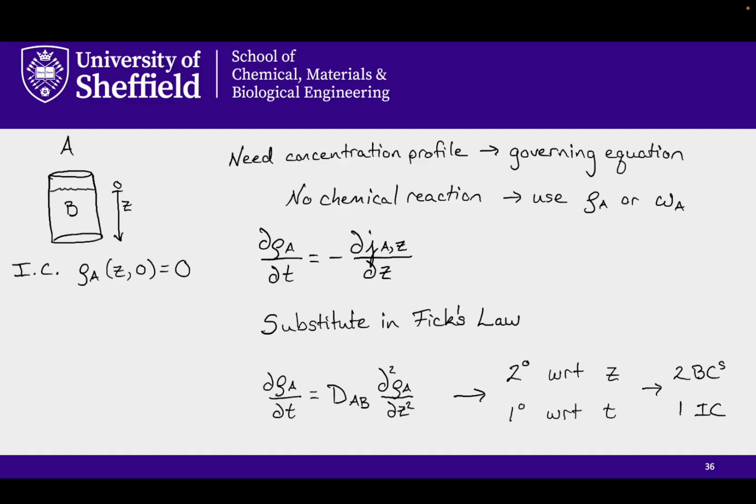For our initial condition, we can specify that at time equal to 0, there is no carbon dioxide whatsoever in the beer. So the concentration of A in B is 0.